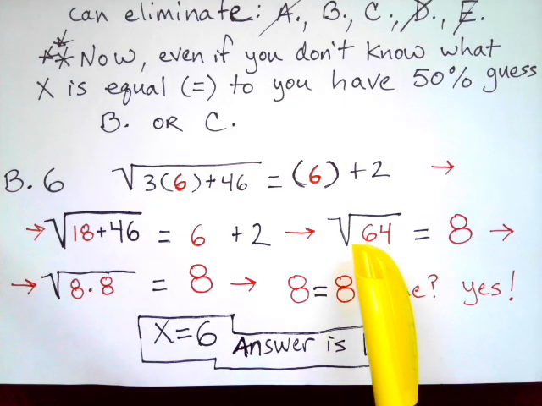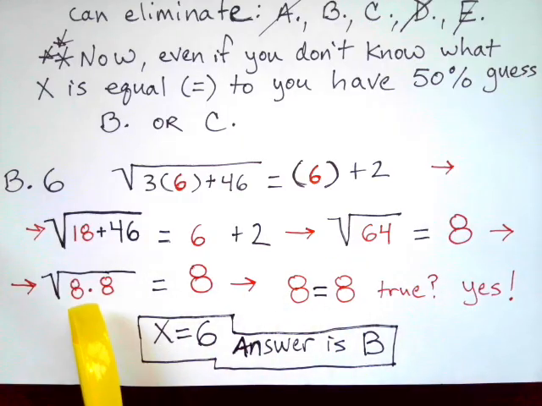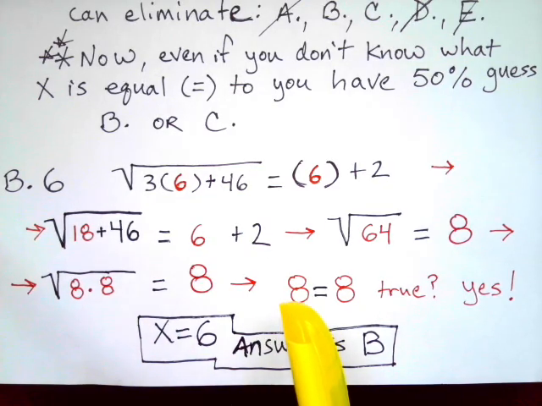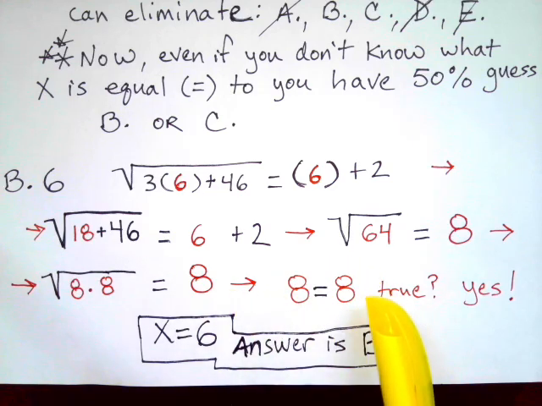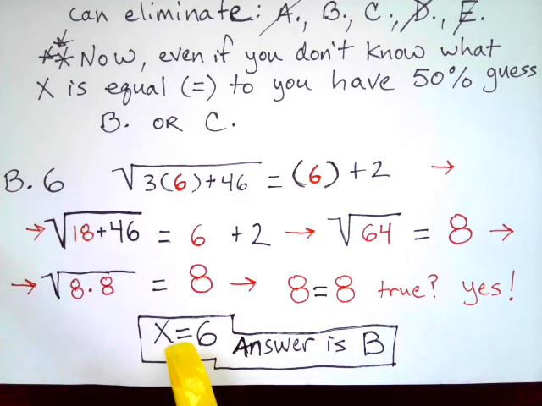Now again, the square root of 64 is 8 times 8. In a square root, I need two perfect pairs just to pull out one value. So I'm showing you here 8 equals 8, which is true. So yes, x equals 6, and the answer is B.